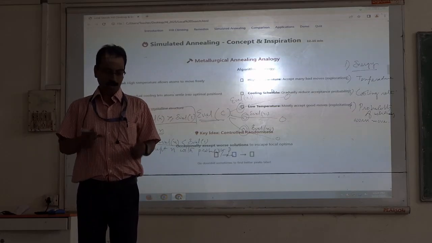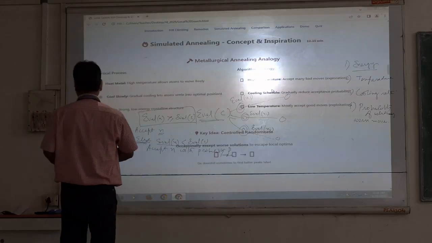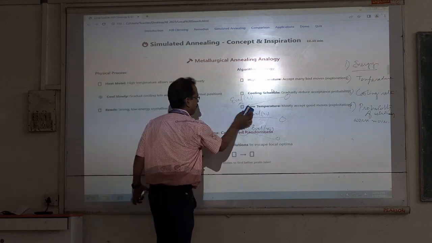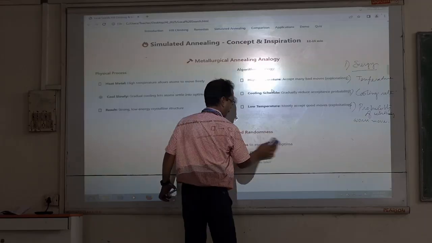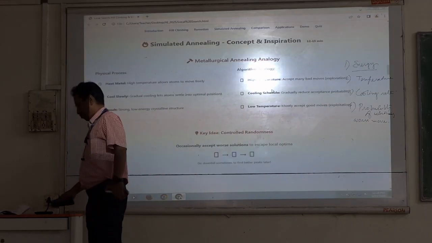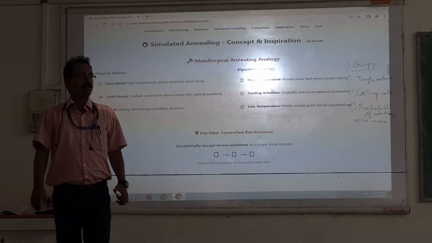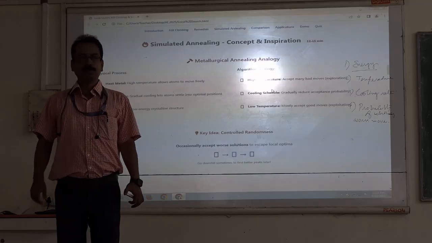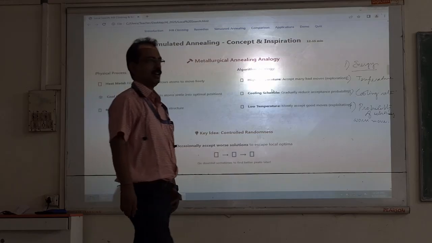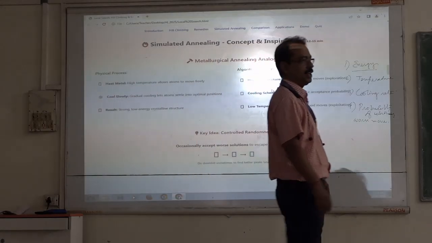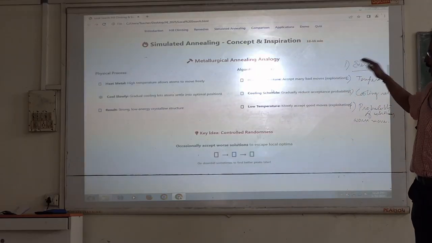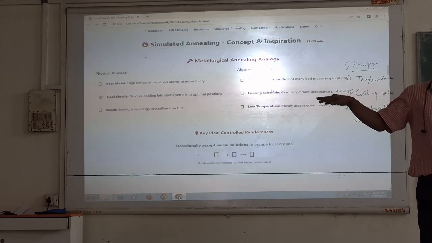Am I clear? Now the question comes about the energy that I was talking about. Can anyone guess how energy can be represented in our hill climbing problem algorithm?